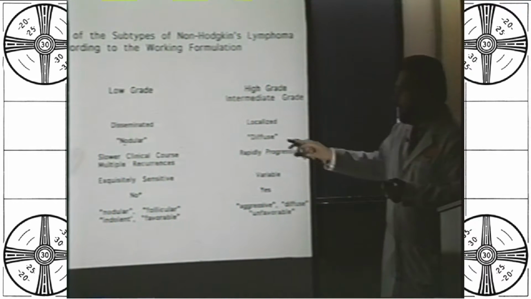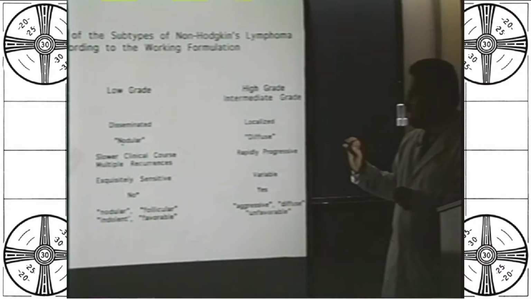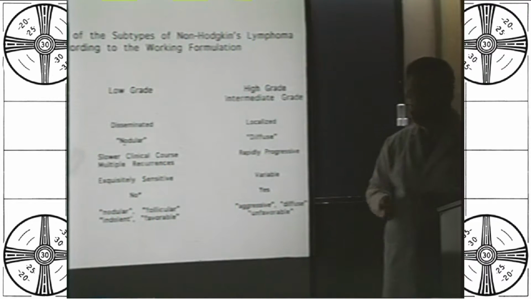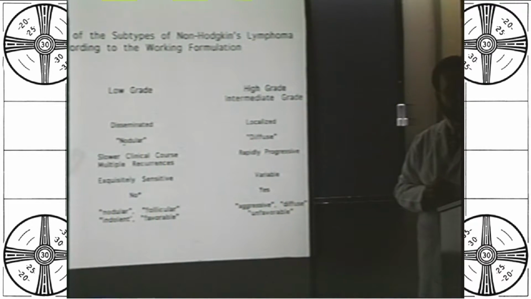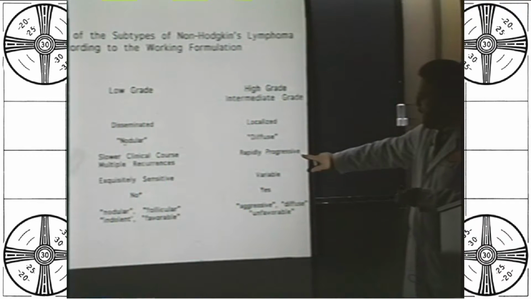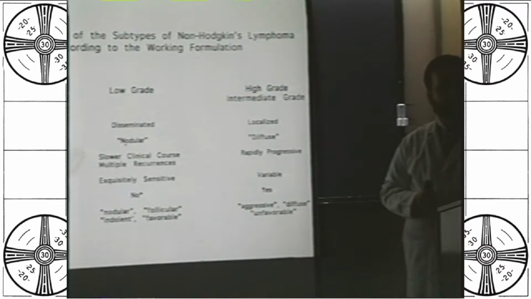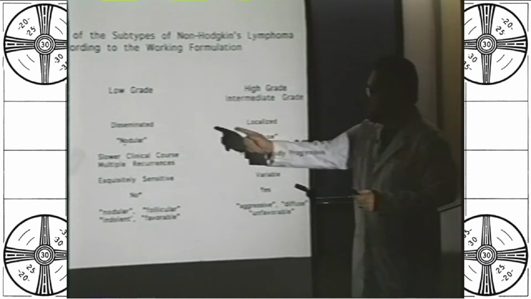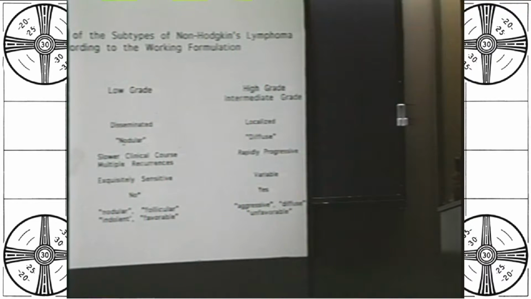So one of the contrasts is that in low-grade lymphoma, you have a slower clinical course, you have sometimes multiple recurrences, but it can be treated, and the patient lives for years in many instances. High-grade and intermediate grade are rapidly progressive tumors that must be treated right away or the patient dies. So that's one important difference between the low-grade lymphomas and the aggressive or high-grade and intermediate lymphomas.